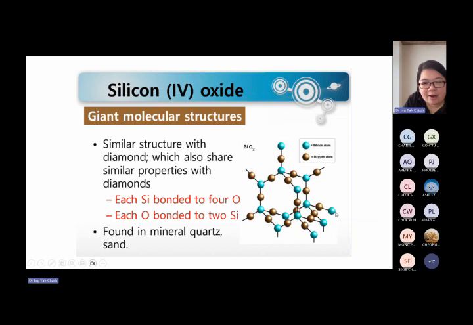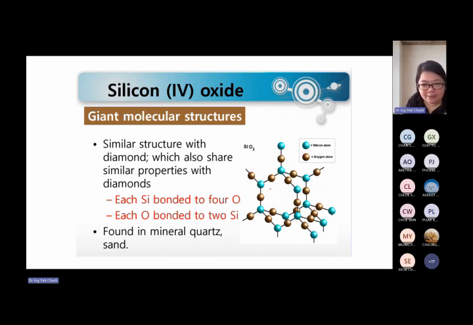Now, in this diagram, I have atoms with 2 different colors, the blue one and the brown one. The blue one is silicon. The brown one is oxygen. SiO2, right? You have 2 types of elements, silicon and oxygen. So this diagram is that giant molecular structure.